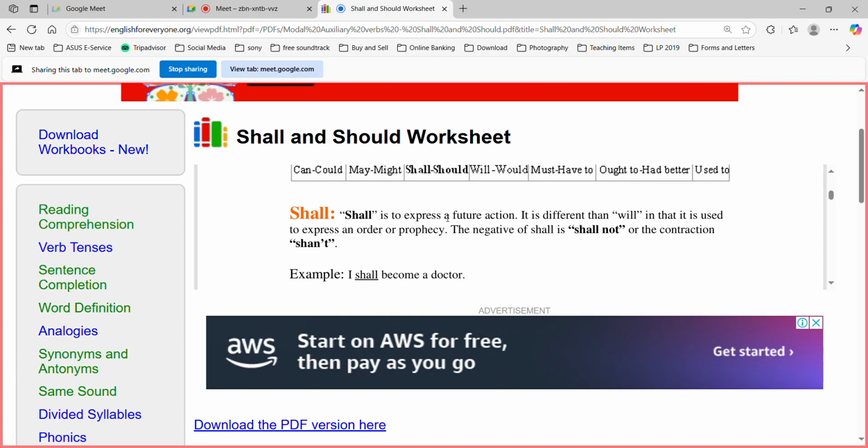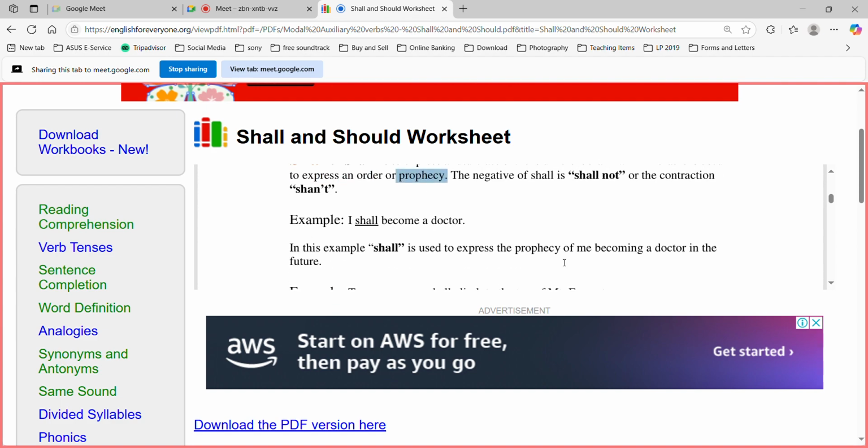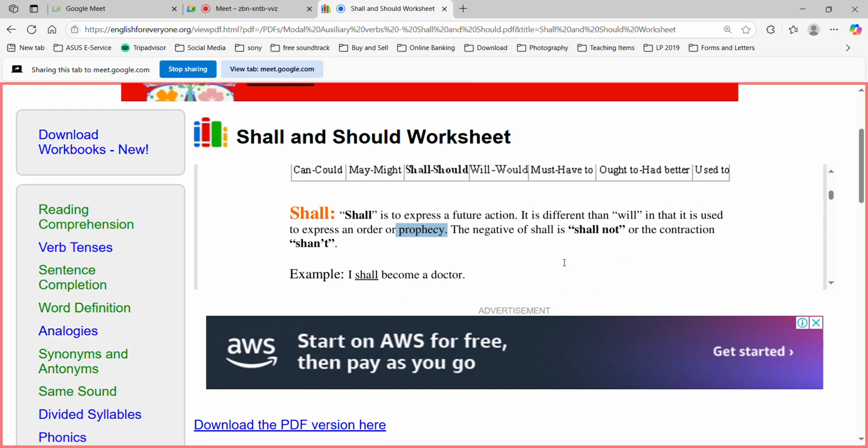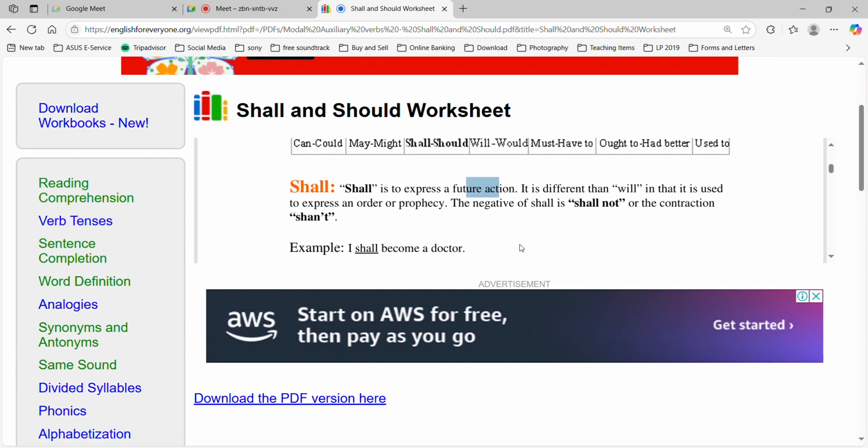If shall is to express a future action, and also expresses an order or prophecy. I shall become a doctor. The future action. What will you do in the future? I will become a doctor, right? Okay. Oh, good.